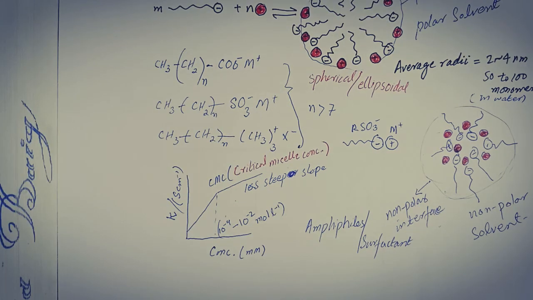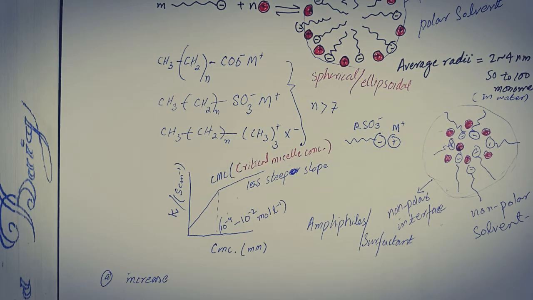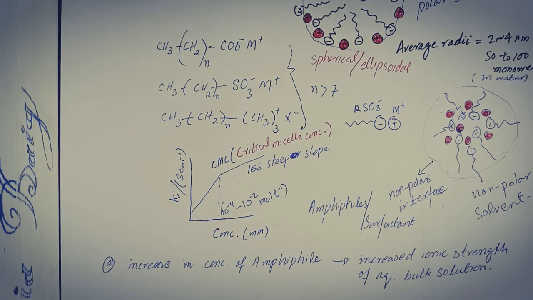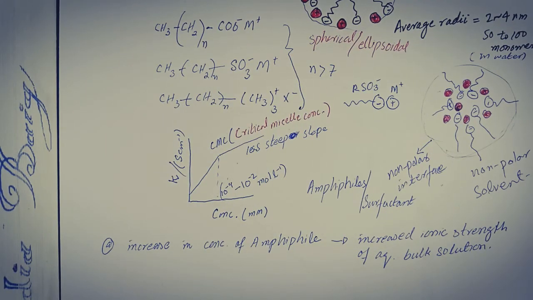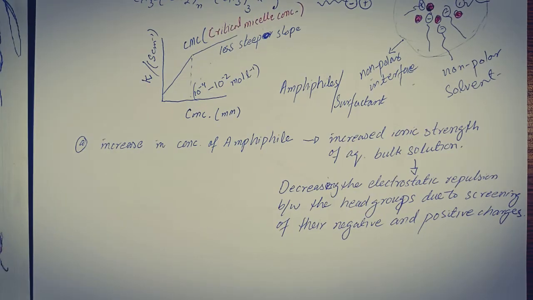So by increasing the concentration of amphiphilic molecules, two effects are observed. Number one, increasing amphiphile concentration leads to an increased ionic strength of the aqueous bulk solution. So the increase in the concentration of amphiphile results in an increase in ionic strength of the aqueous bulk solution.